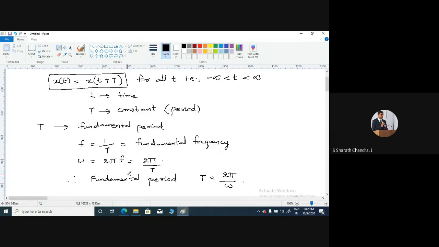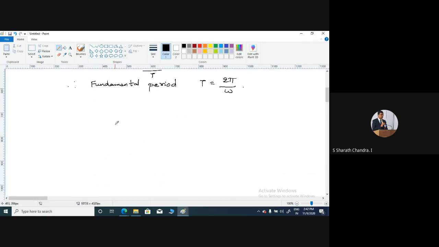Similarly, you can always consider discrete time. This particular definition can be applied to discrete time signals also, and a discrete time signal x of n is said to be periodic if it satisfies the condition x of n is equal to x of n plus capital N for all values of small n.